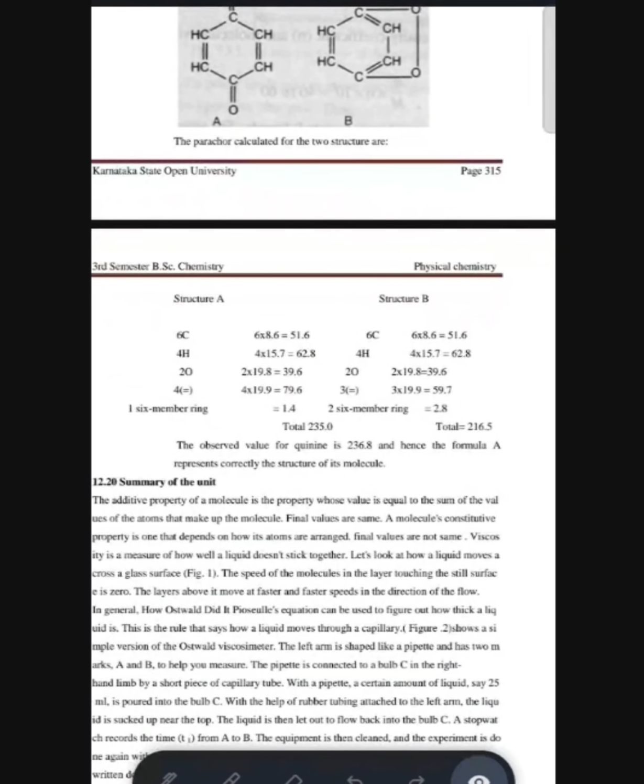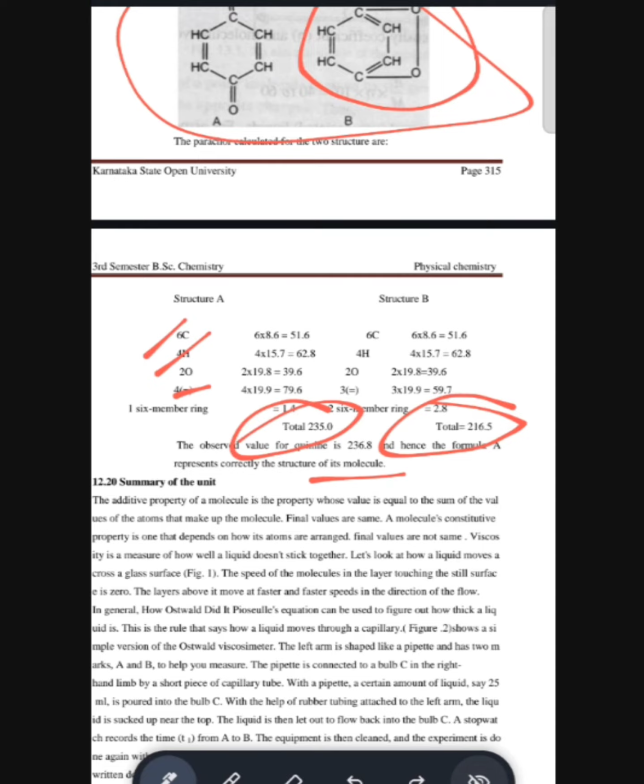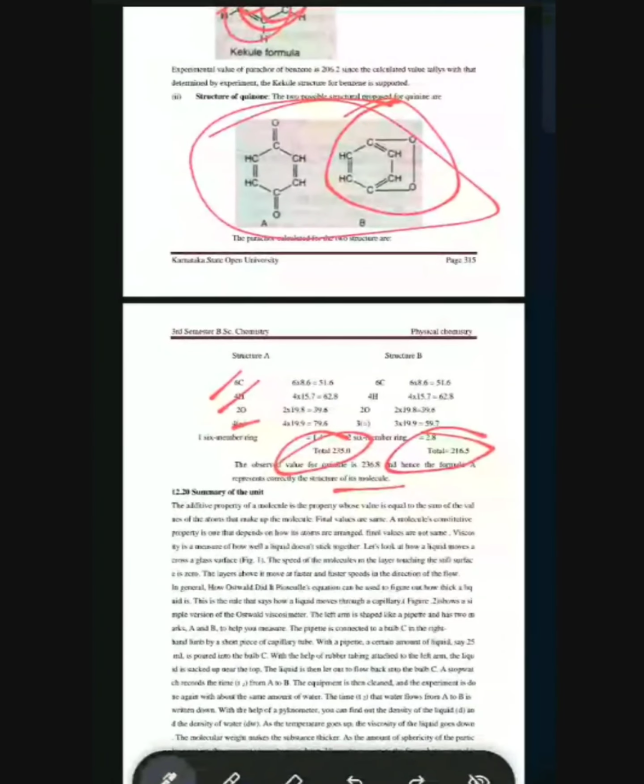So basically you should know what parachor is: parachor is nothing but an empirical constant for a liquid that relates the surface tension to the molecular volume. This is with respect to unit 12. This is the end of the unit.